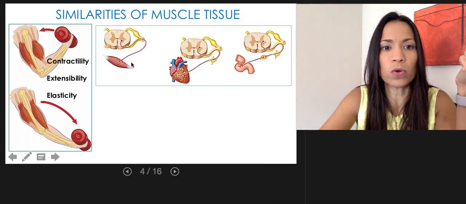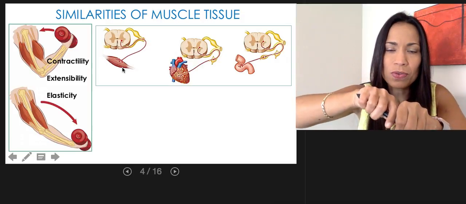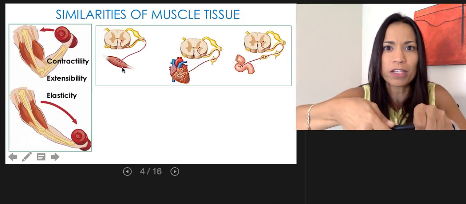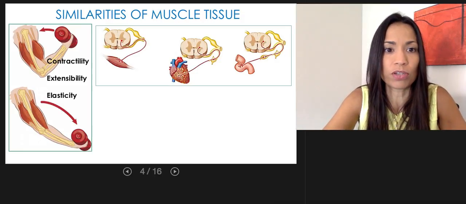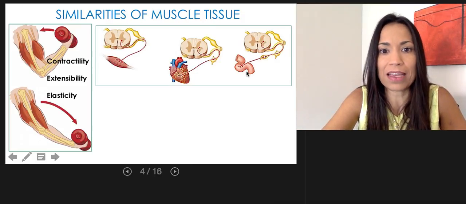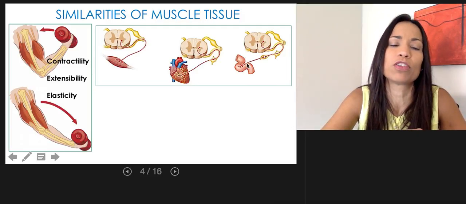This is the spinal cord, and these wires connect to the muscle and they turn on the muscle so it can contract.